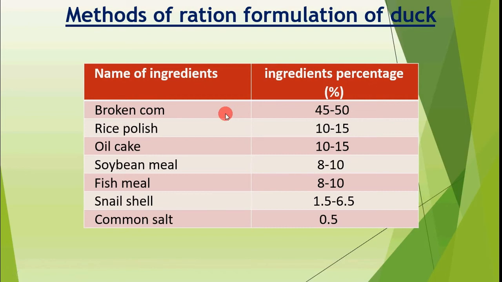Not like this. The other thing I want to tell you is that this duck and chicken feed is for commercial purposes. That means in the farm they do this type of feed, but in the homestead area where 5, 4, 3, 2 chickens or ducks are reared, in that place they don't need this type of formulation or planning of ration, because in that area they rear in open places.